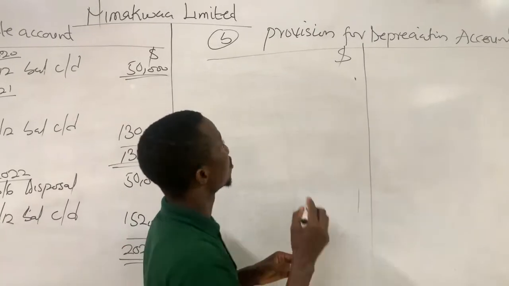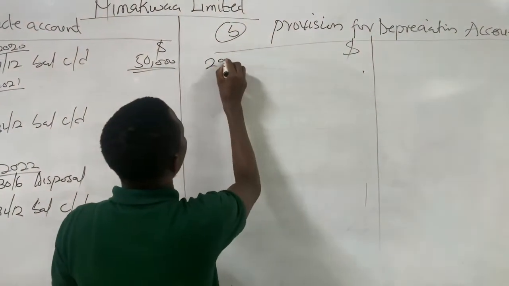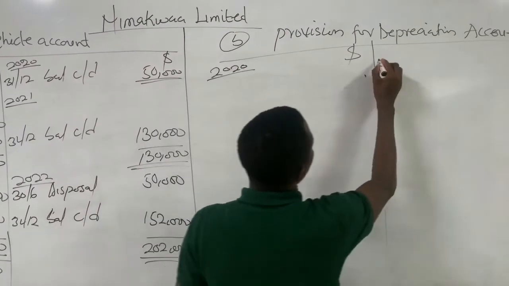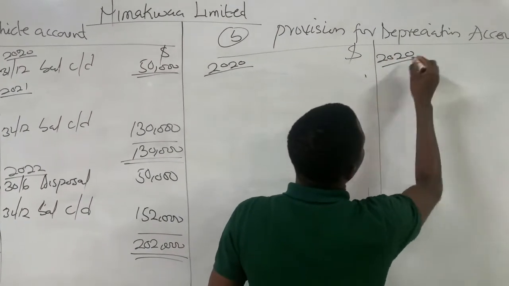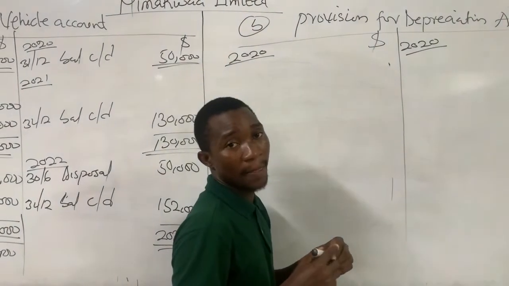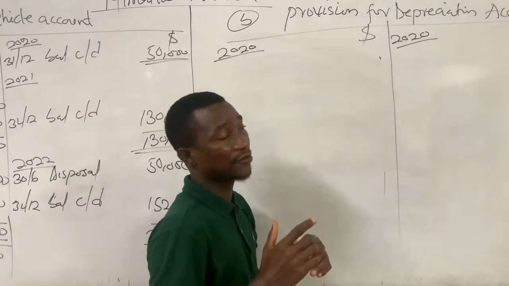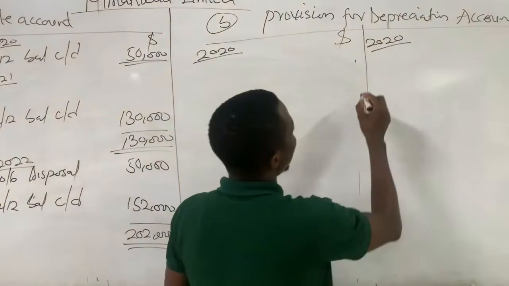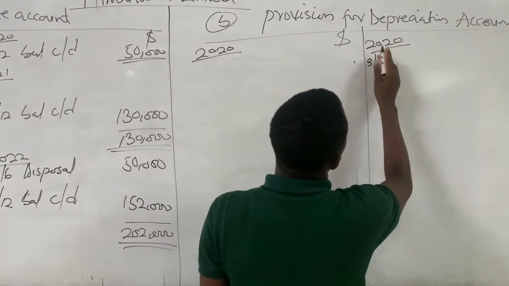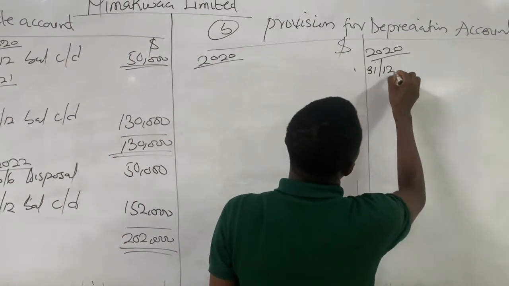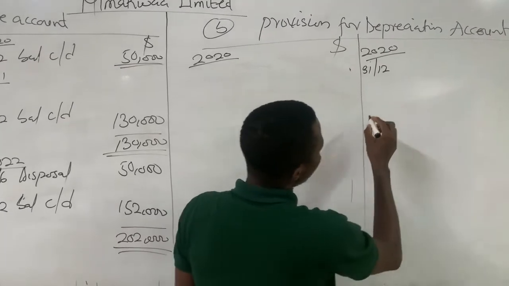We do it year by year, 2020. These figures are from the statement of depreciation we prepared. So that is at the close of 31st of December of 2020.